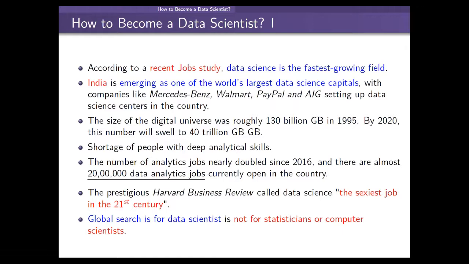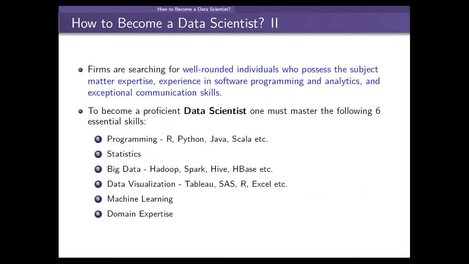For example, if you have strong statistics skills, some basic programming skills and a computer science background, they are not going to hire you because this is not enough. They are looking for well-rounded individuals who possess subject matter expertise and experience in software engineering and analytics. And of course, communication skills are very important.